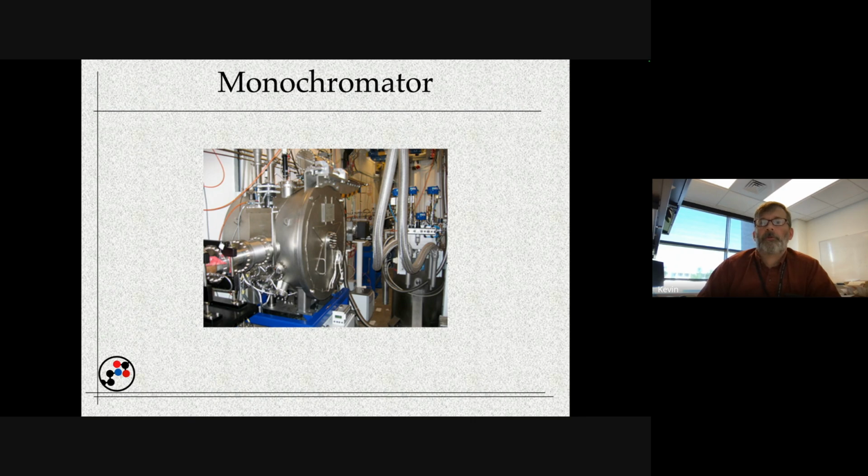You can occasionally hear about people having things misaligned and then vaporizing metal in the X-ray beam because they had a misalignment in their equipment.